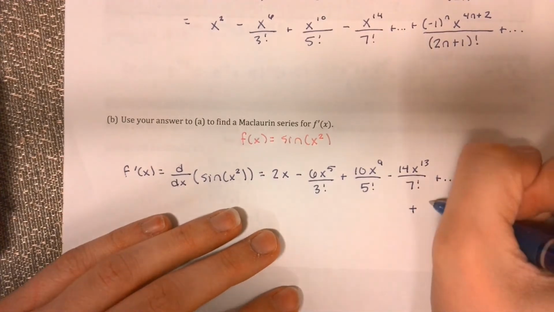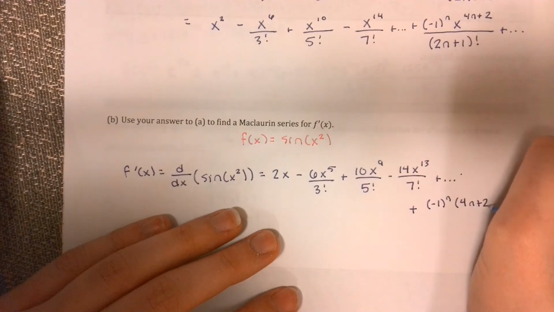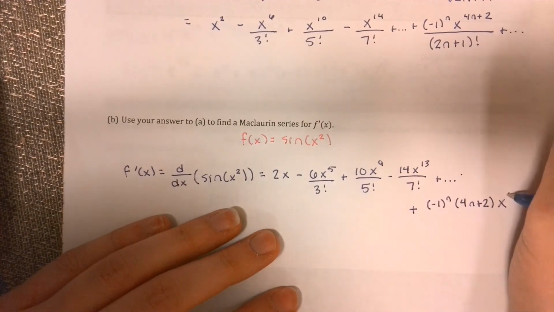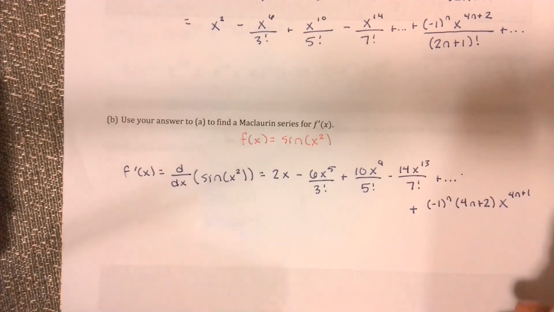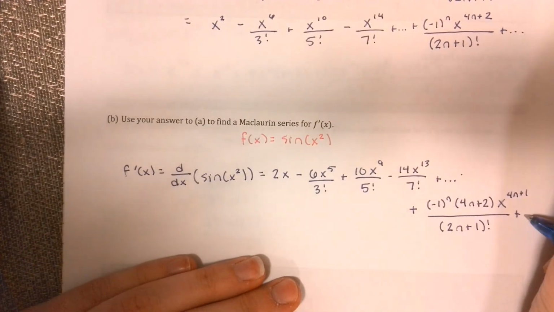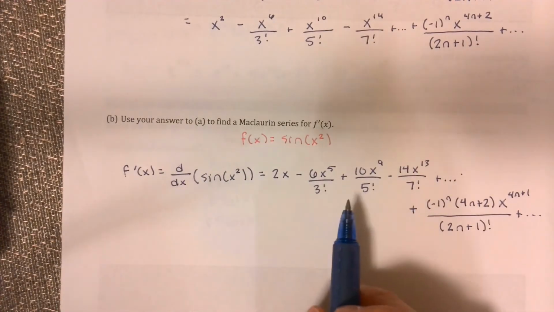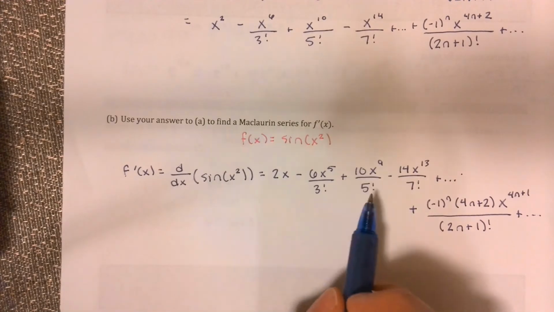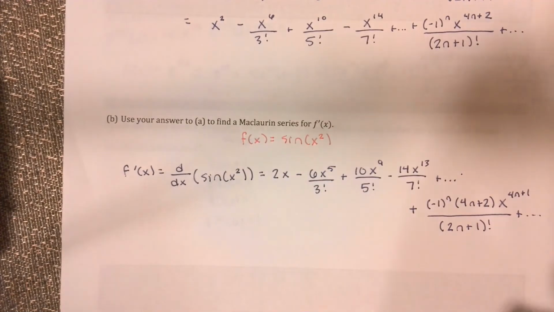Okay, I've still got my negative 1 to the n, but then I've got 4n plus 2, okay, times x to the 4n plus 1, because I subtracted 1 from the exponent, okay, all over 2n plus 1 factorial. Okay, and that's it. You can simplify some of those coefficients if you would like, but you don't really have to. That is a power series for the derivative of sine of x squared. Okay. All right, so let's do 2 more, and then we'll be done.